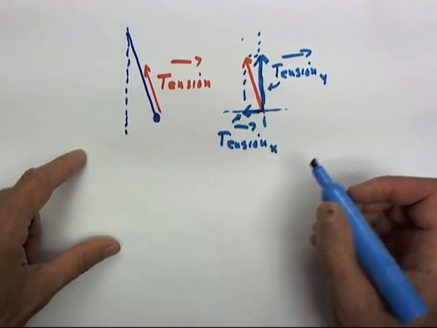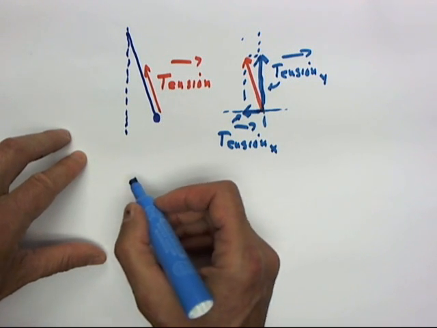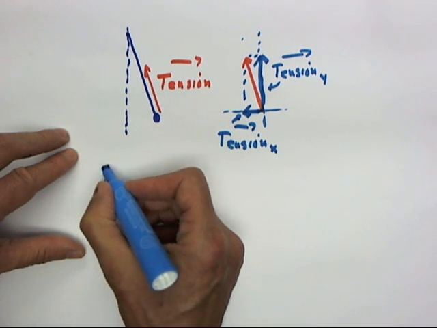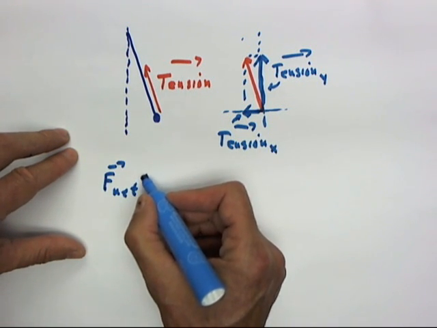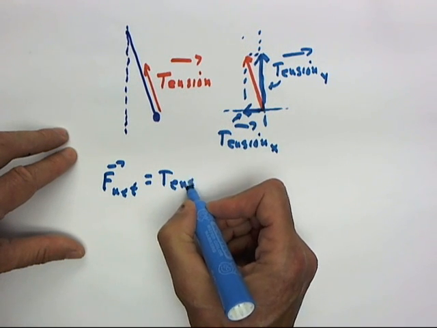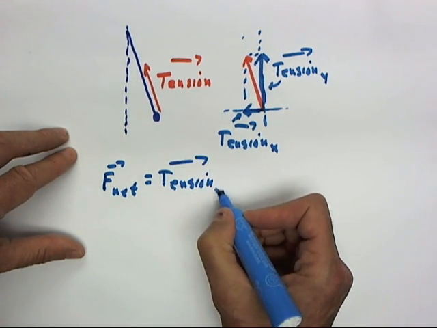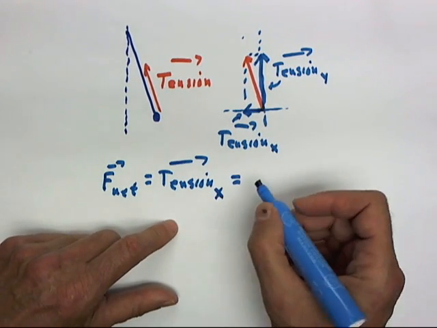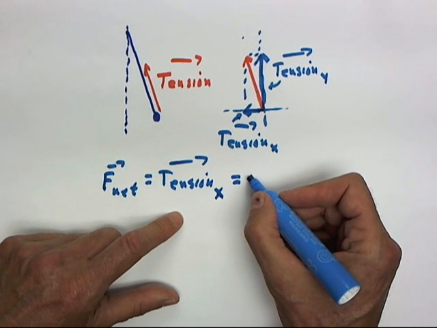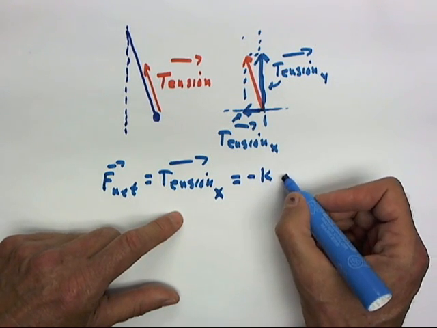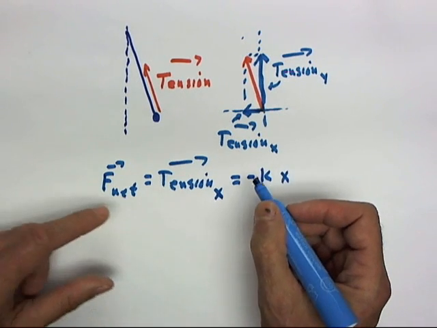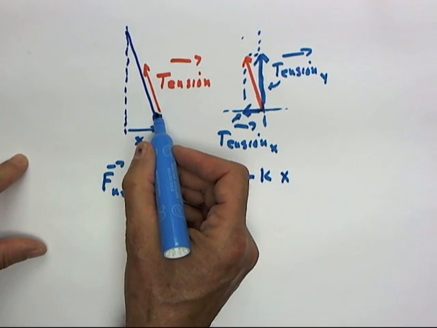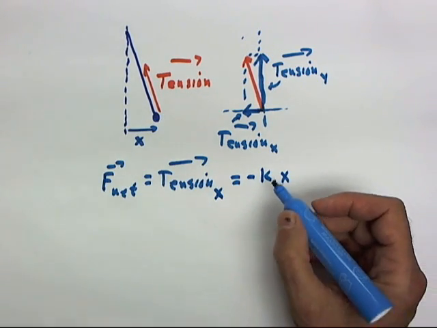And in that case, without going through all the details, it turns out that our x tension is the net force on this pendulum mass, and that tension is equal to some constant times x, where x is the position of the pendulum with respect to equilibrium.